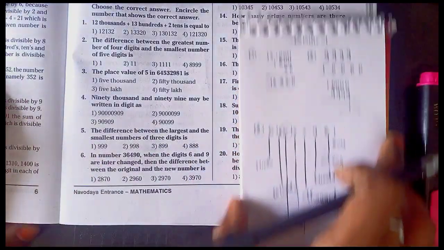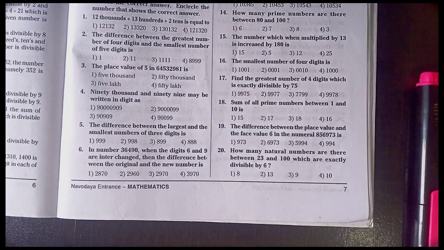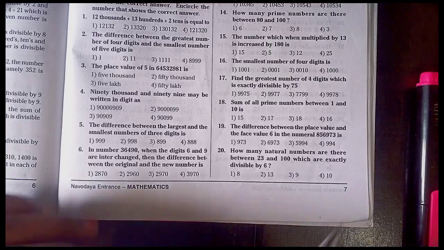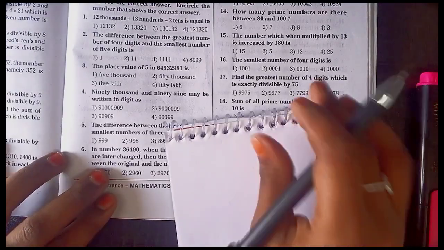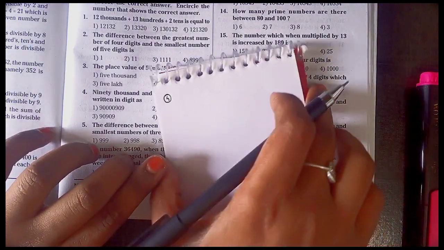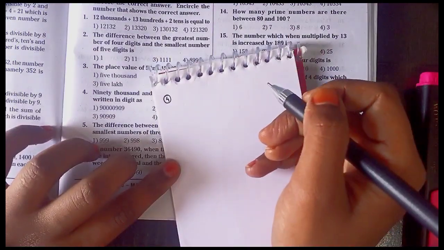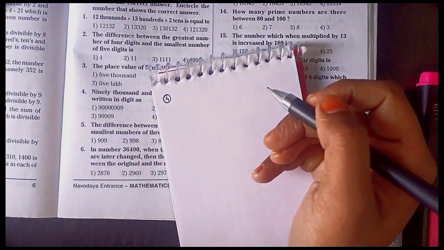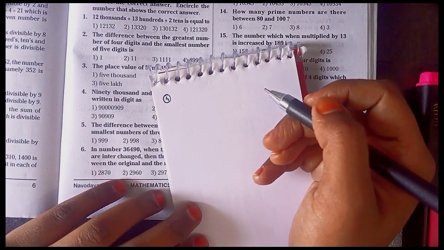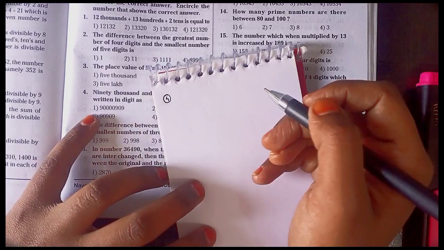It is in option number 3. Coming to the fourth question: write 90,000 and 99. Whenever we have a question regarding place values and face values, first of all, always create a simple template to keep as reference, so that we can do all these kinds of things easily.